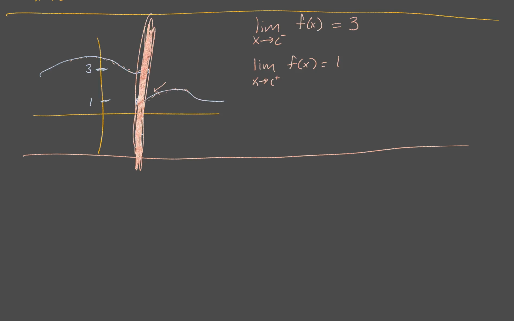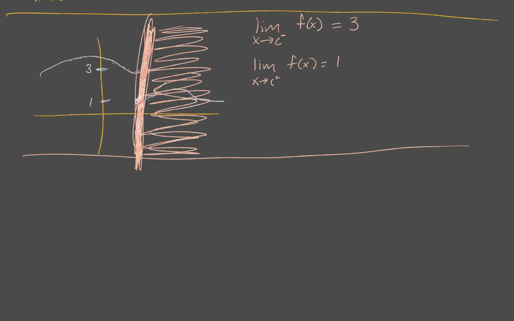If I don't look at that part of the graph, it doesn't look like these two pieces are connected, so we say the limit doesn't exist. If I'm coming in from the left, I cover up all of the stuff on the right, and it looks like the function is getting close to 3. So my limit from the left covers up everything on the right and the point itself, and the function looks like it's going to be 3.